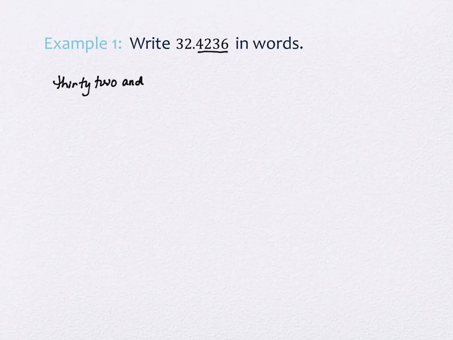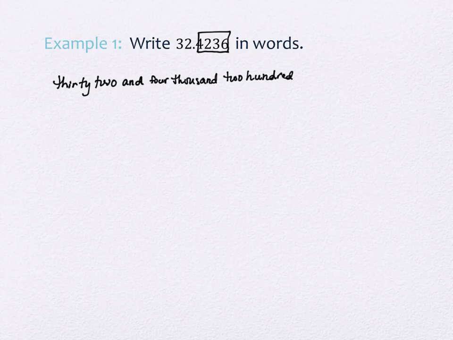What happens over here is that we're going to write this out, ignoring its location for the moment. If we just had the number 4236, what would it say? 4,000. What's next? 200. And then what? 36.